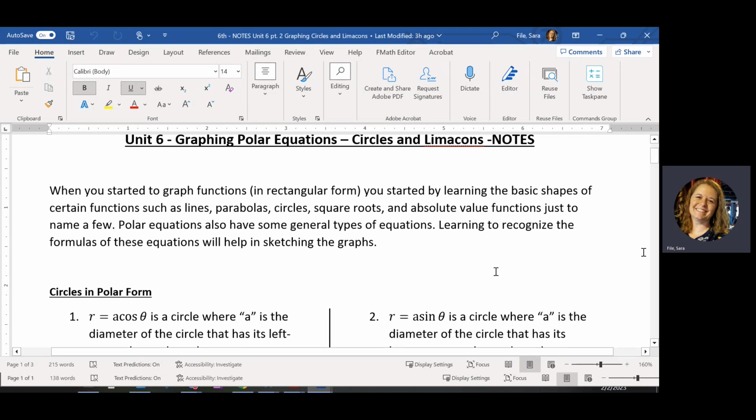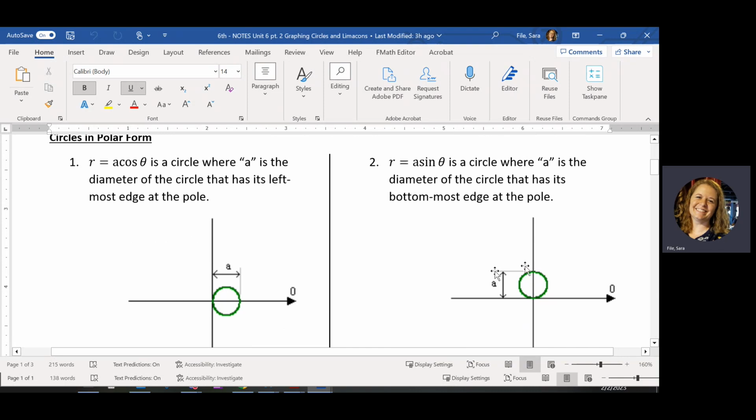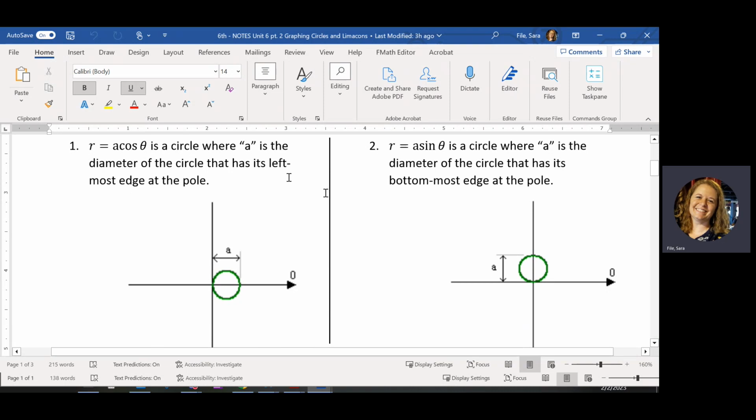One of the first ones you looked at was circles in polar form. The equation is in this format: R equals A, and then it's sine or cosine of theta. When you see the equation in that format, you know that it's going to be a circle.